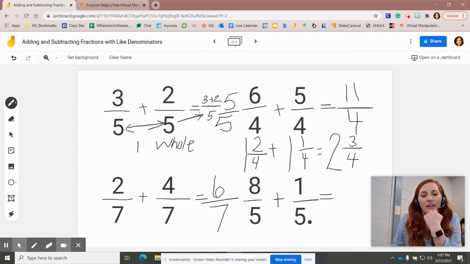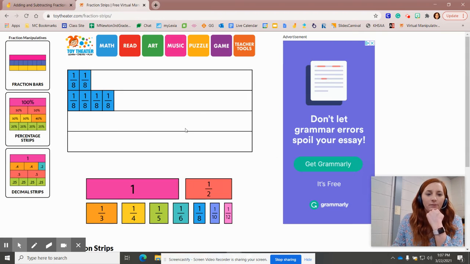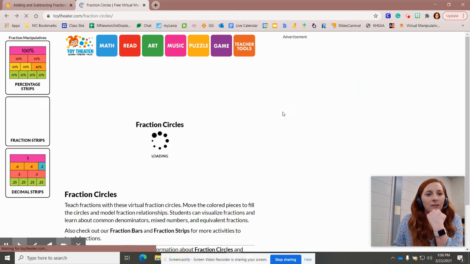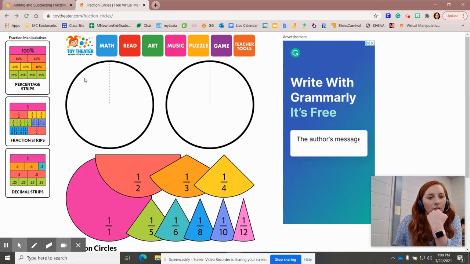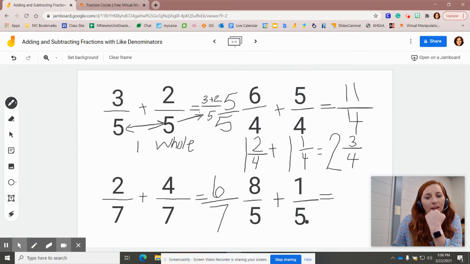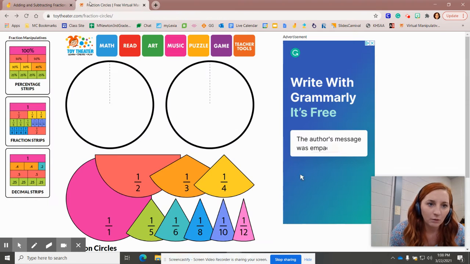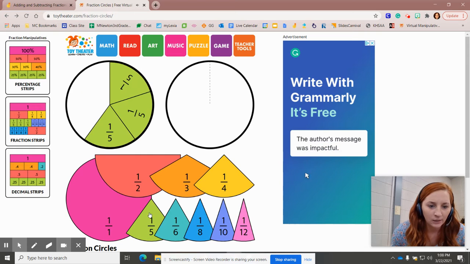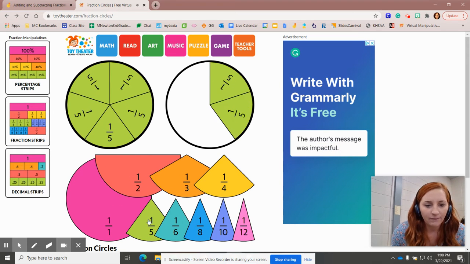8/5 plus 1/5. Actually, I'm going to use my manipulatives for this one. I'm trying to use a very large arrangement of manipulatives and different ways to show you. So 8/5 plus 1/5. I've got fifths. So 1, 2, 3, 4, 5, 6, 7, 8.